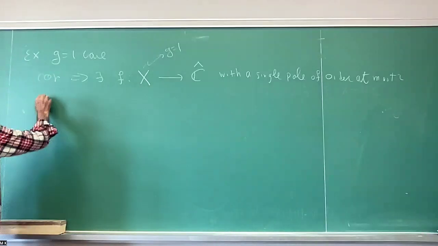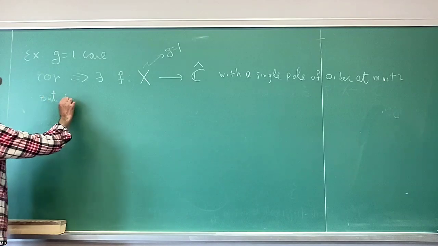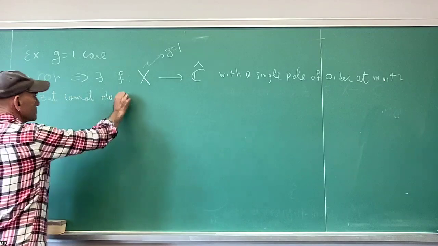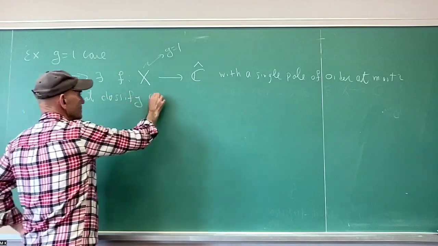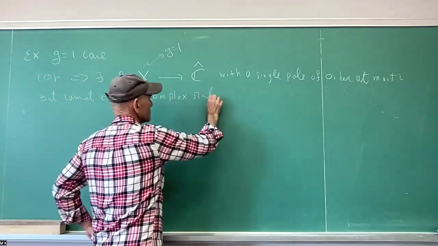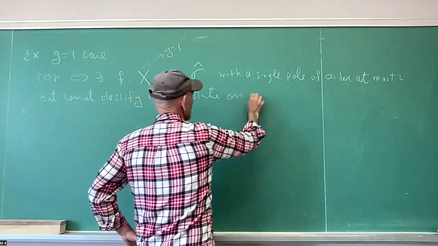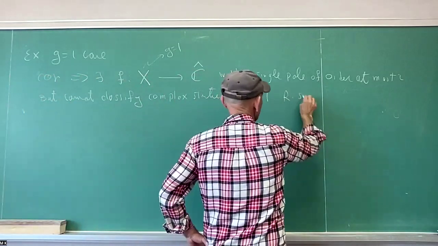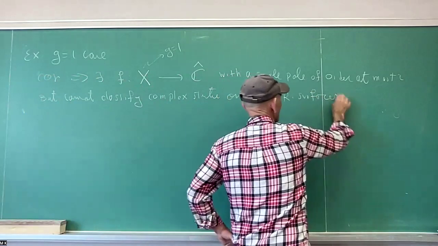So we cannot classify complex structures on genus 1 Riemann surfaces this way.